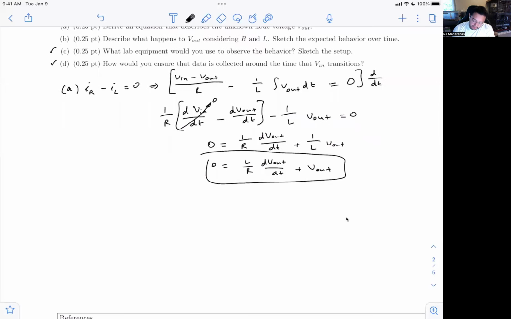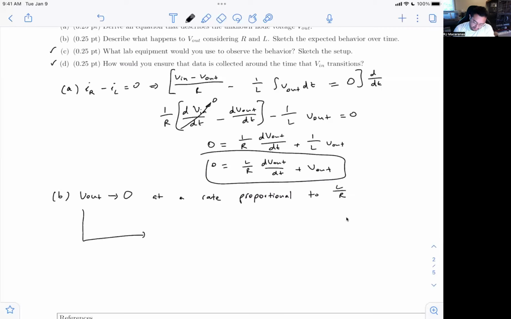And so here's our expression for V out, and we can see that V out is approaching 0, and we have this kind of like velocity term that's proportional to L by R. So for part B, that pretty much answers it. V out approaches 0 at a rate proportional to L by R.